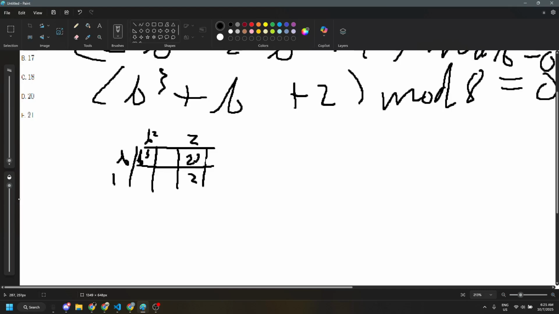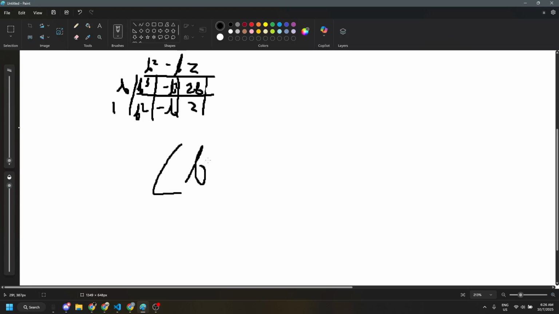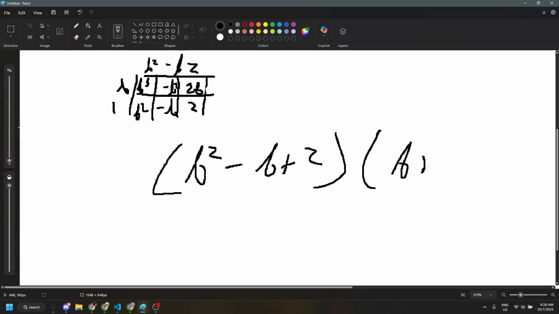Then we have 2b, here we have b squared, here we'll have negative b squared, and negative b. Yeah, that works. So this is equal to b squared minus b plus 2 times b plus 1.